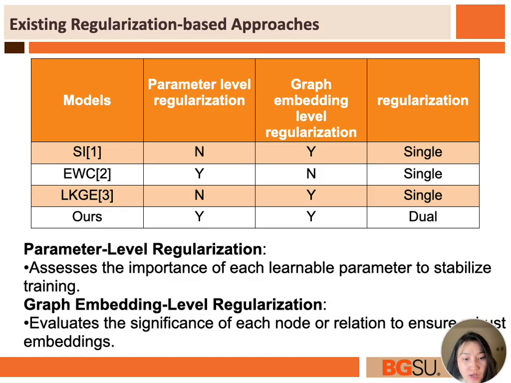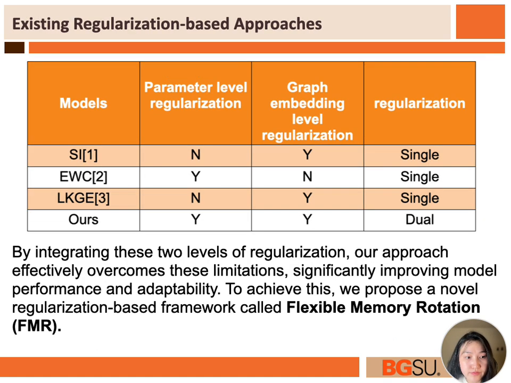Similarly, without graph embedding level regularization, models are unable to identify which nodes or edges hold greater importance within a knowledge graph, limiting their ability to unlock the full potential of the graph.